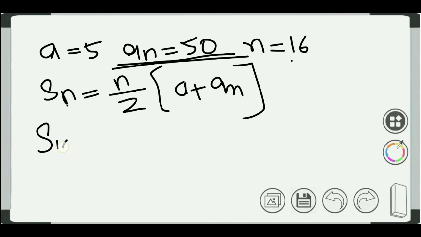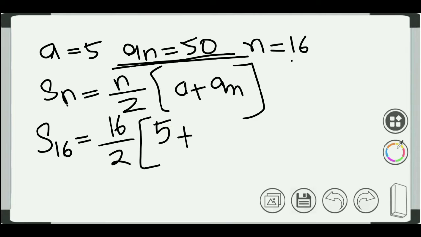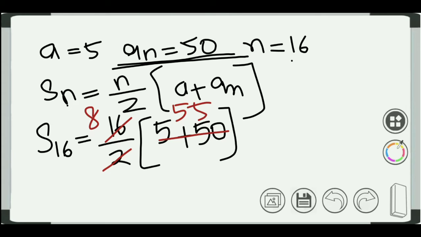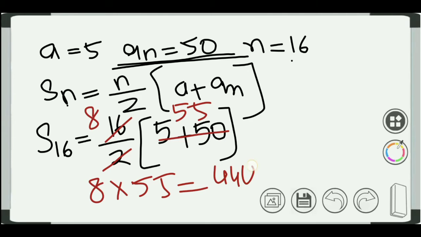So S16 is equal to 16 by 2 into a is 5, 5 plus an is 50. So 16 by 2 is 8, 5 plus 50 is 55. So 8 into 55 is equal to 440 is your answer. Sum of 16 terms is 440.